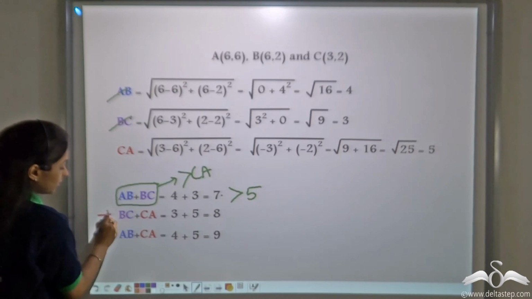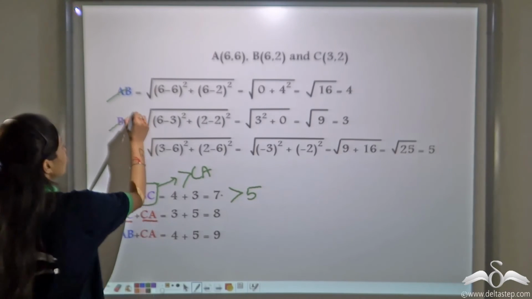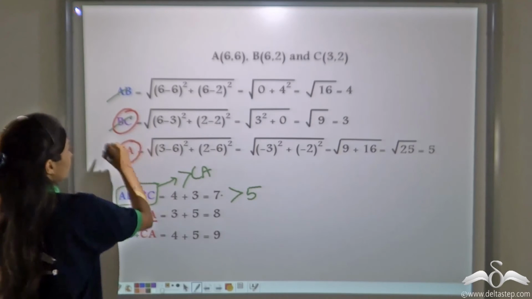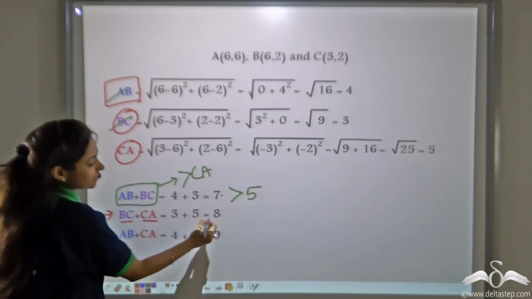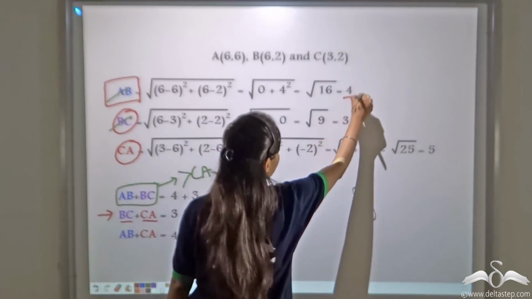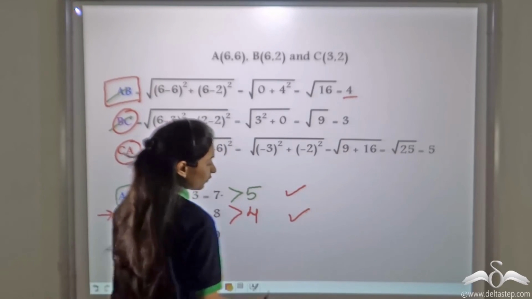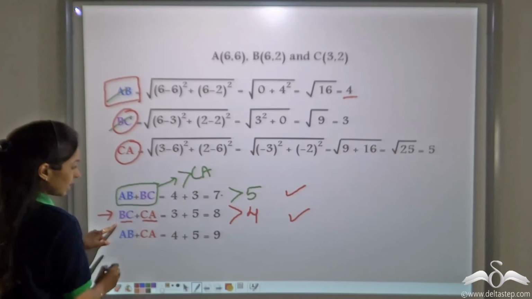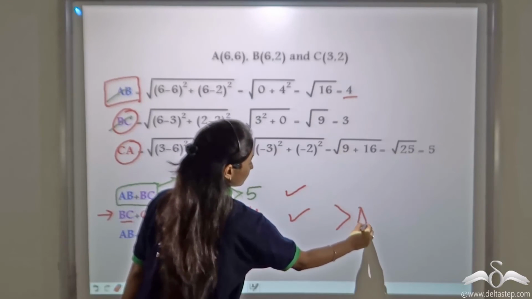Now let's check this one. Here you can say BC plus CA. So we have to see BC plus CA. So which is the remaining side? AB. Now BC plus CA is giving me 8. Now we can clearly see that 8 exceeds 4. So again, this is fulfilled as BC plus CA is exceeding AB.